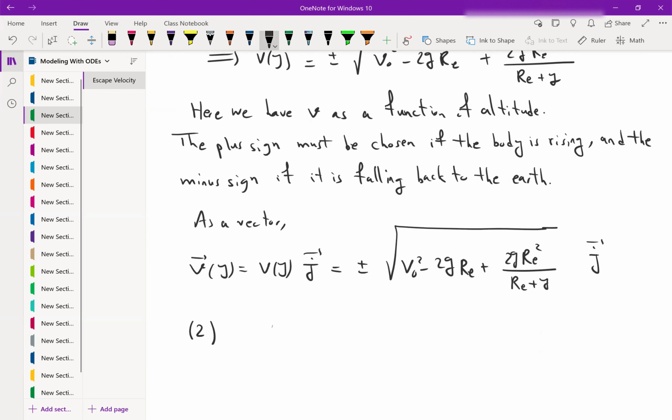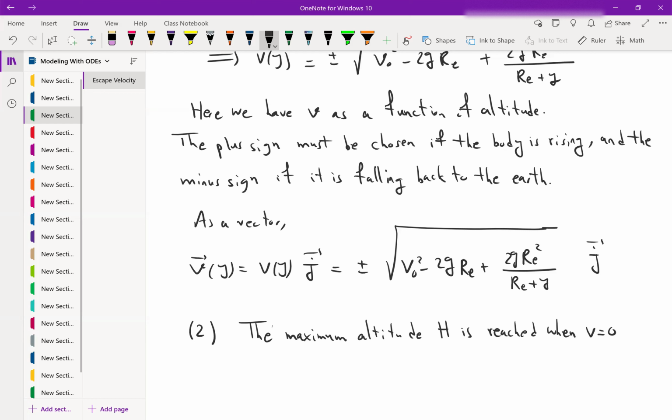Now I'm going to answer the second part of our question. So the maximum altitude h is reached when v becomes 0. When the velocity becomes 0, that means that the body starts falling back to the earth.